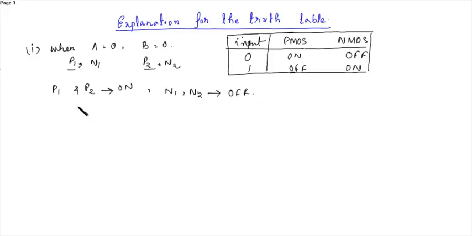When P2 and P1 become on, there will be a short circuit for these two MOSFETs, and here there will be an open circuit. When P1 and P2 become short circuited, how will it appear? Something like this.